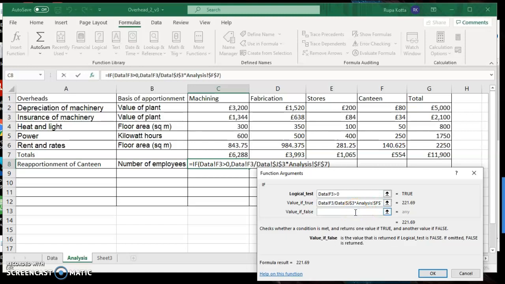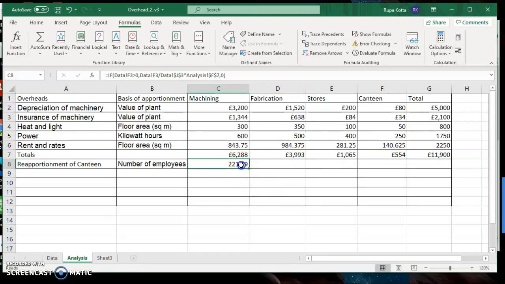But if the condition is not met, that is if there are no employees, then the reapportionment should not be done, so it should be 0. Say OK, and it's calculated a reapportionment of 221.61. Drag the formula down to the end, and you can see it's reapportioned in machining department, in fabrication department, and in stores department, but in canteen it is 0 because it used the if condition.